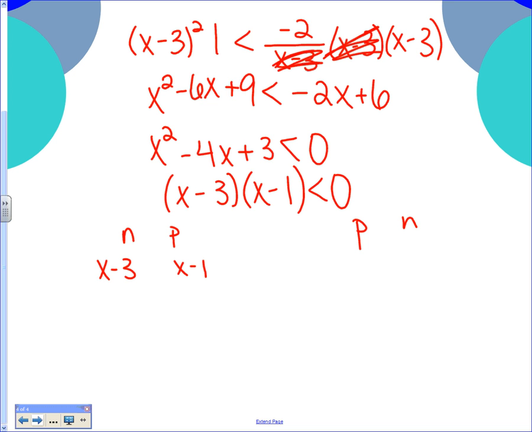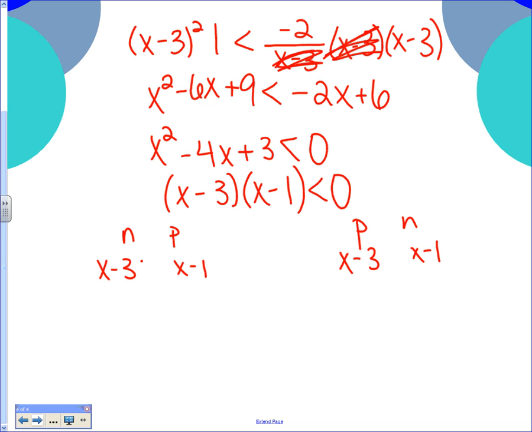So you have x minus 3 is going to be my negative over here, so over here it's going to be my positive. That's okay. You just want to have one time where this one's positive and that one's negative, and then switch them on the other one. So it doesn't matter which side they're on.